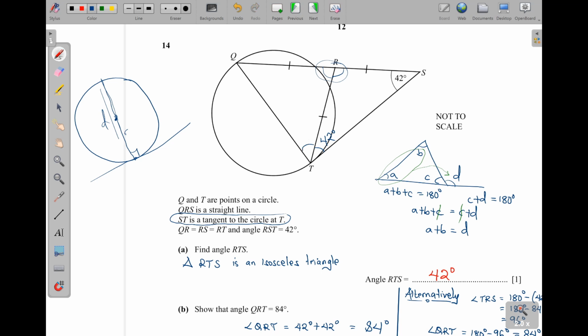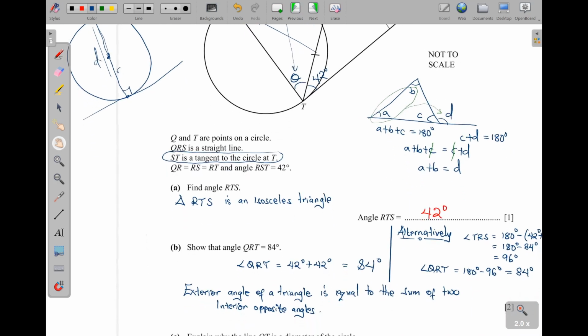Since this one is 84, this is also an isosceles triangle. Okay, let me rub off here. This is 84. So since this is opposite to that and also this one to that, these two angles are equal. This is theta. And then I can find that value, theta.